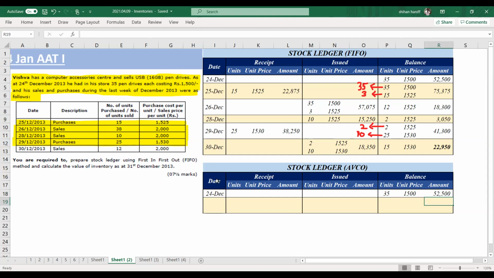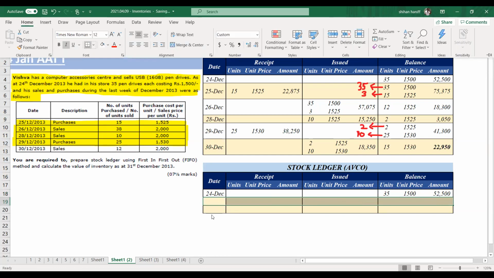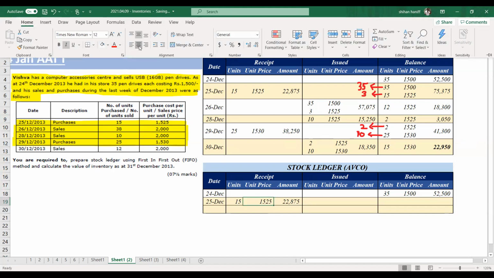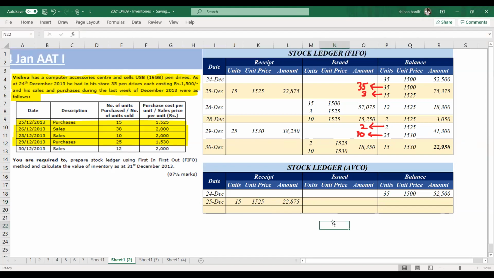Then there is a purchase on 25th December. How many units? 50 units at 1,525. So multiply: 22,875. Right.